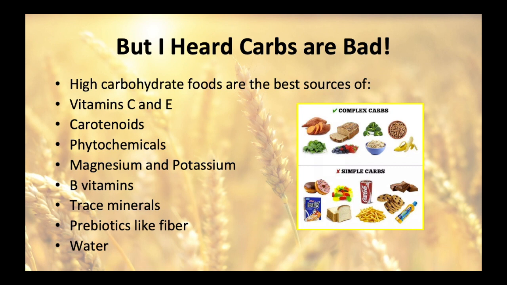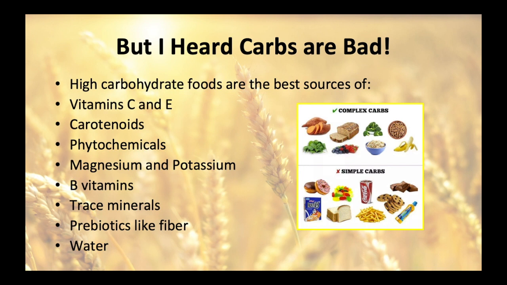But I heard carbohydrates are bad. So carbohydrates are some of the best food sources because they're often combined with fiber and water. So when you make oatmeal, it binds to water and it's high in fiber. These things fill you up without adding calories and can promote weight loss.